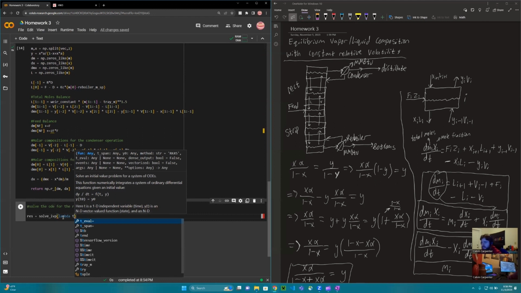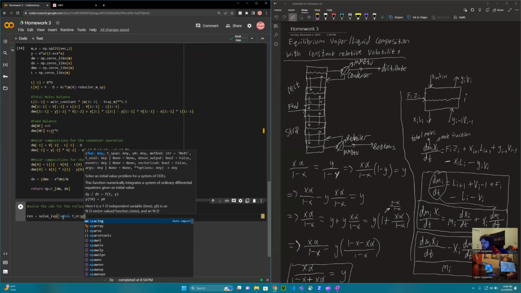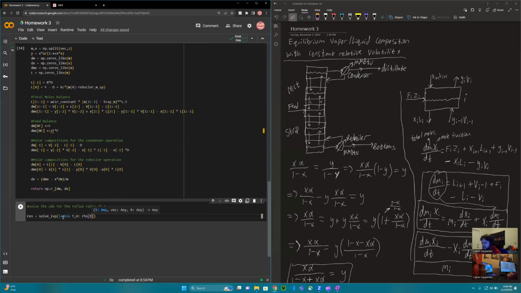And lowercase t, comma, v, colon, space, and then in parentheses, t, comma, v, comma, 2.